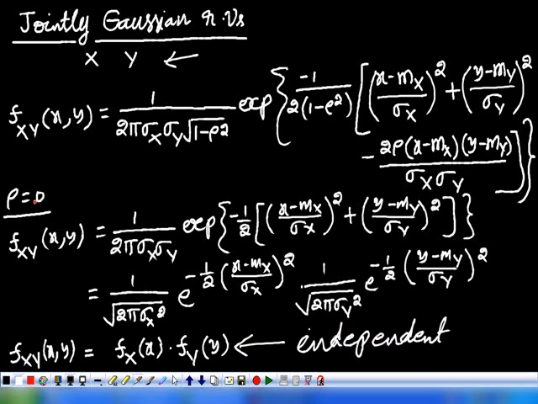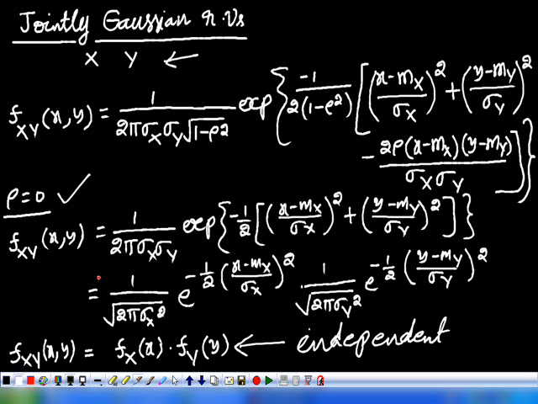So when rho equals 0, the jointly Gaussian random variables are independent of each other.